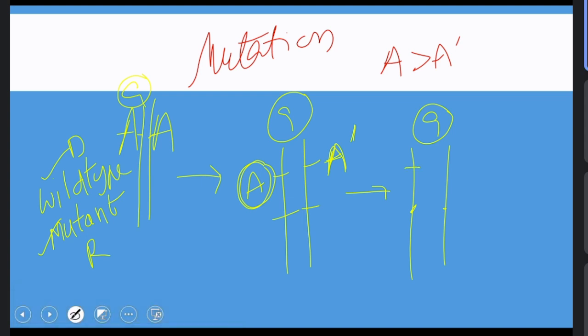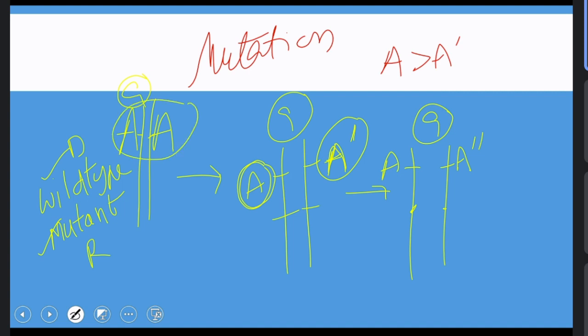During the formation of gametes in that individual, this A dash gene got mutated. So he will have A double dash. Thus we have three genes now.